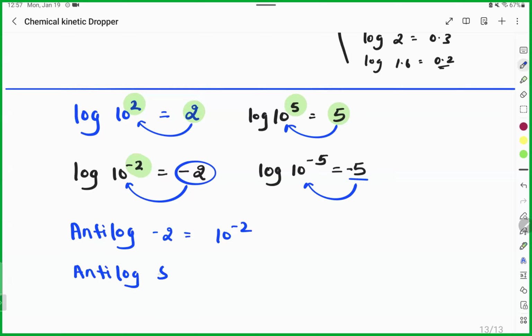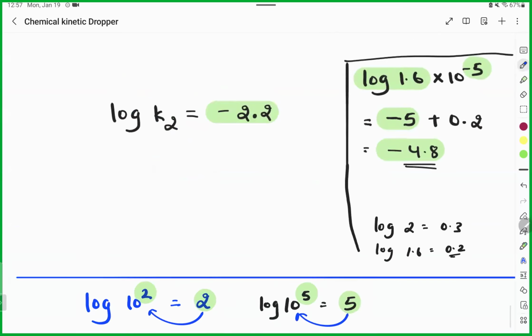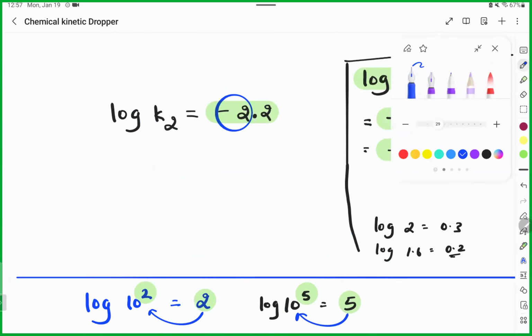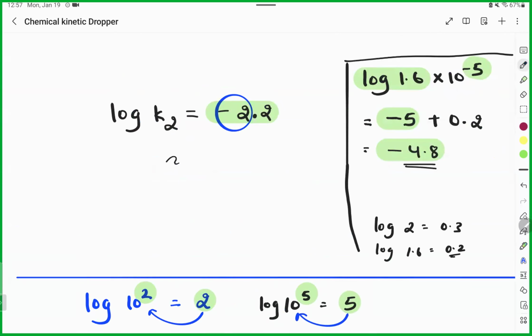So in this case, you know your answer for K2 will be in the power of 10 raised to power minus 2. You can't calculate the exact value, but you can calculate the approximate power, and NEET will always give it like that. So you are not just doing this question, you are understanding log.